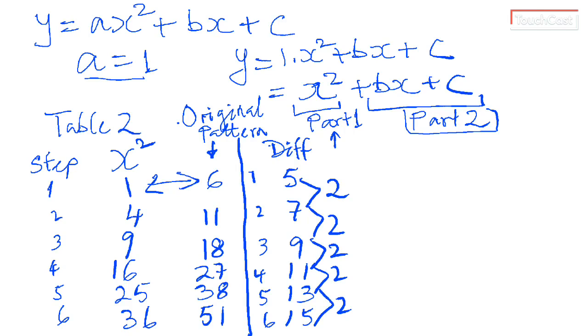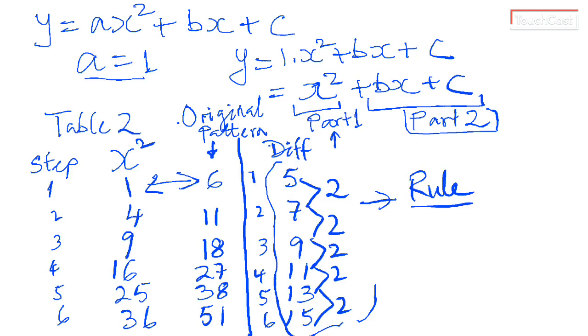It looks like this part is a linear pattern, and the rule for this part will be 2x plus 3. See, 2 times 1 doesn't give you 5, so you have to make some adjustment, which gives you 2x plus 3.